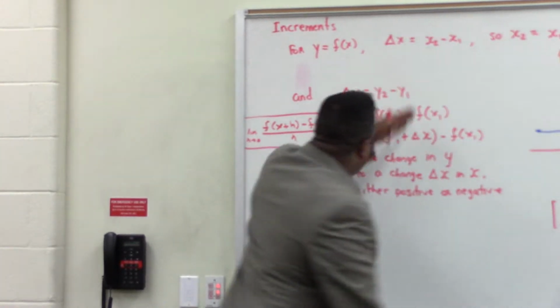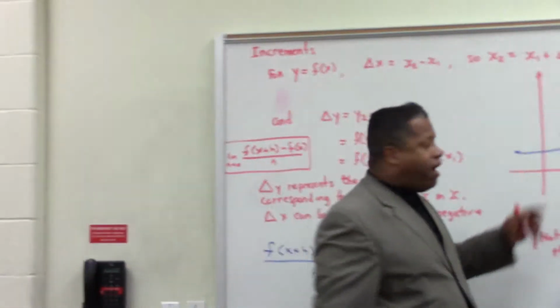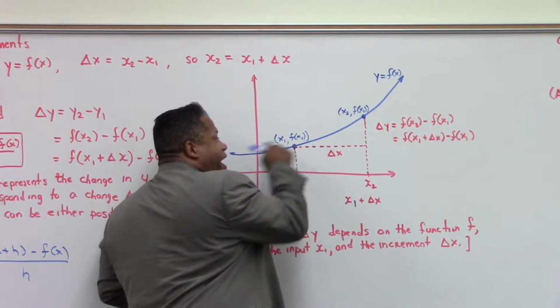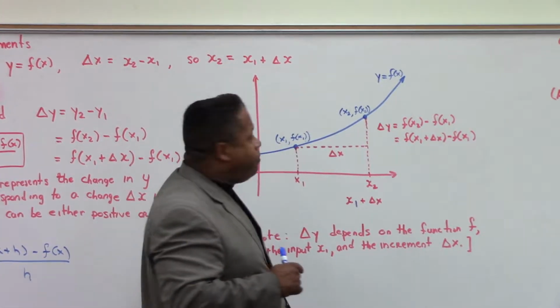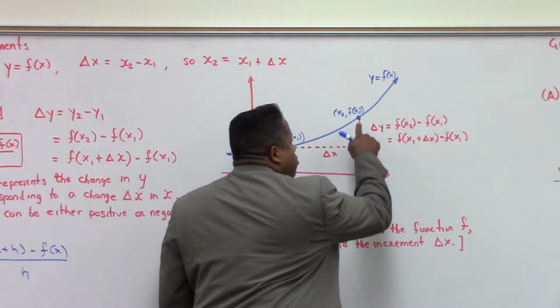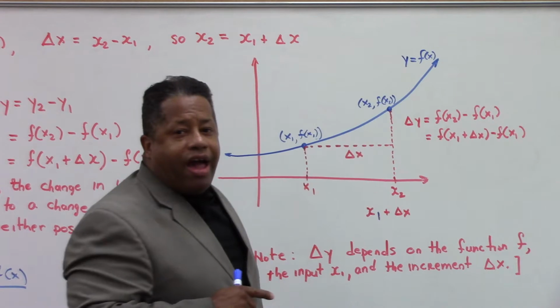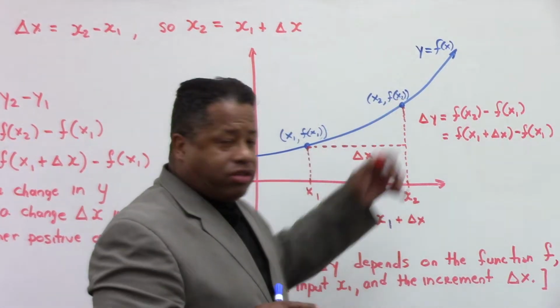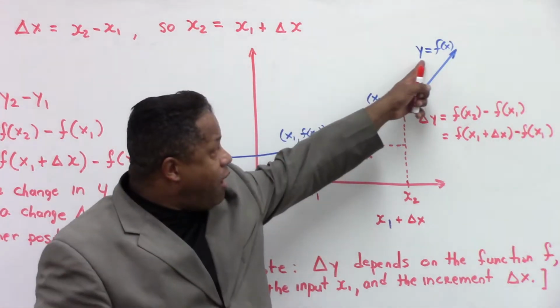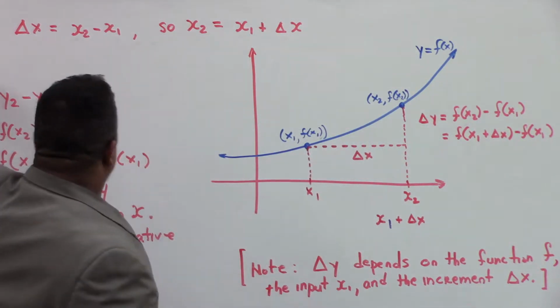So showing this applied to the graph, we have x of 1, and then we have some output f of x of 1. That's a point. Then we go to x of 2, and we have some output value f of x of 2. So we draw the line through the curve here, and this is represented by y is equal to f of x.